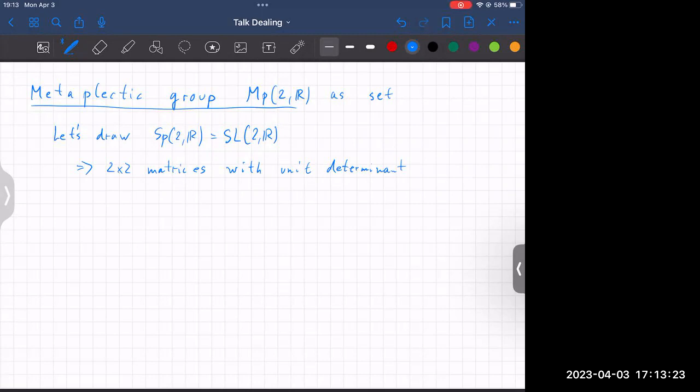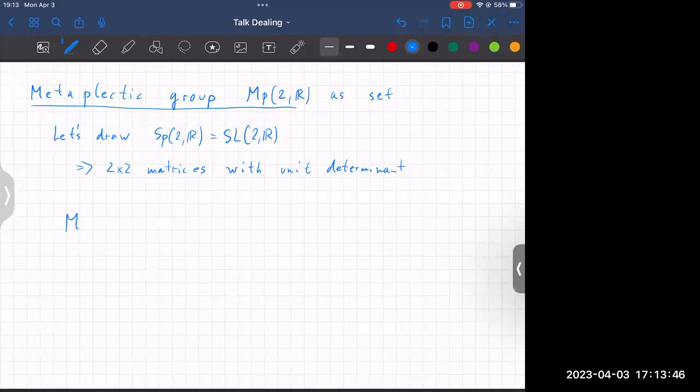I would like you to believe me that this essentially covers all 2 by 2 real unit determinant matrices. And because my memory isn't great, I need to look up this example that I give all the time.